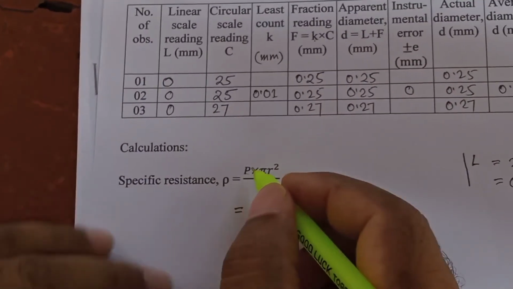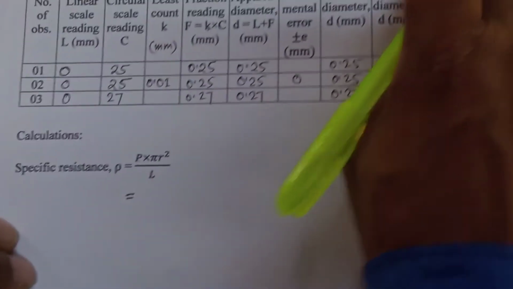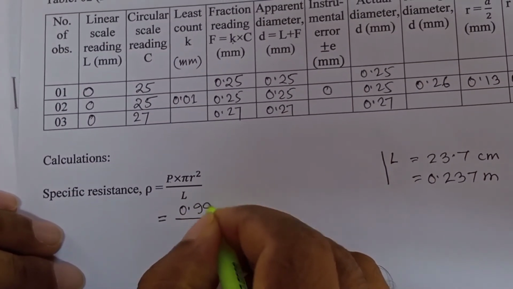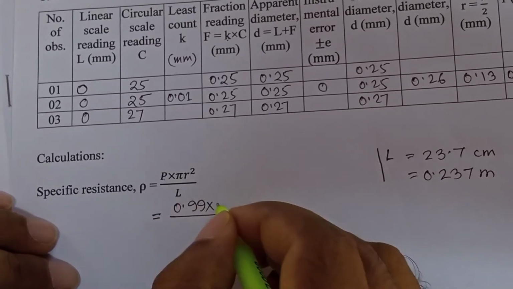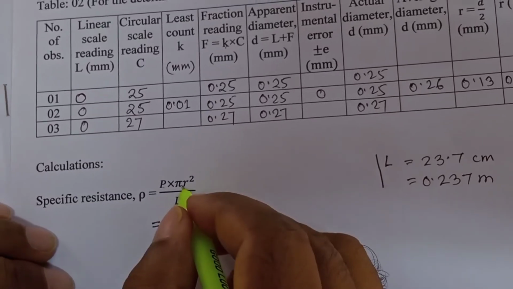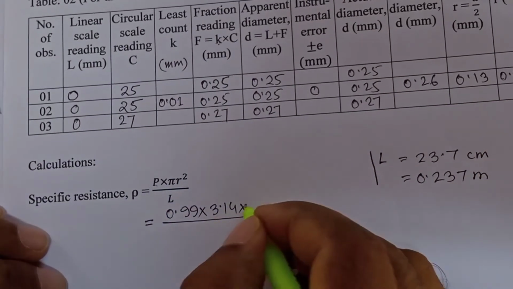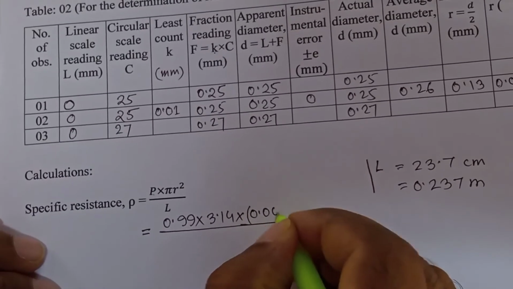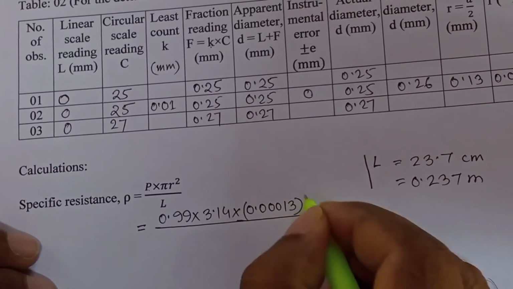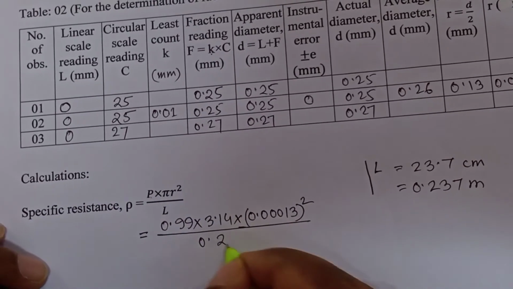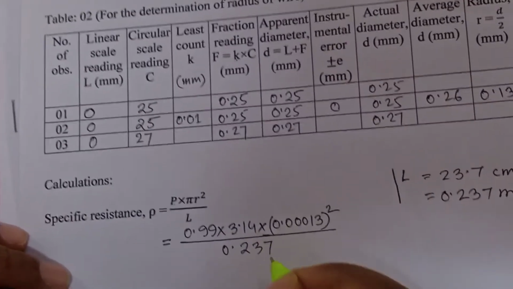Now we are going to do the final calculation. Here the value of R, which is obtained from the first table, is 0.99 ohm, multiplied by pi, 3.14, multiplied by r squared, the radius, which we got, 0.00013 squared, divided by L, that is 0.237.